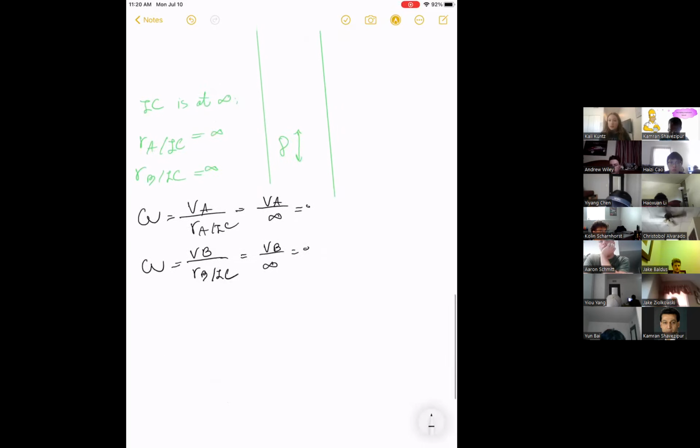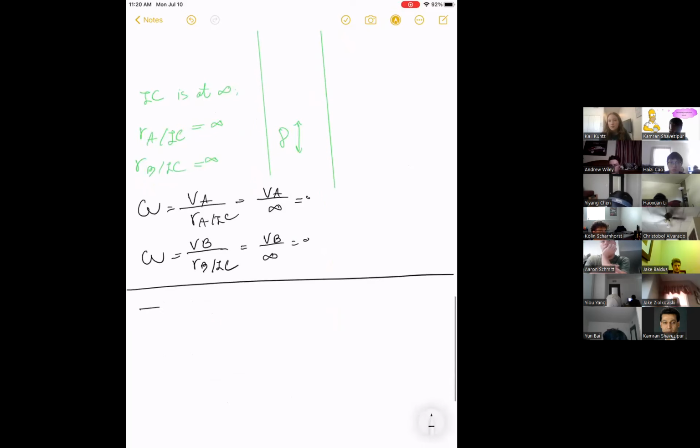The only thing you need to remember to find IC: you don't even need the magnitude to find IC.